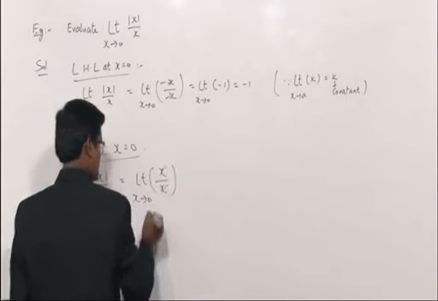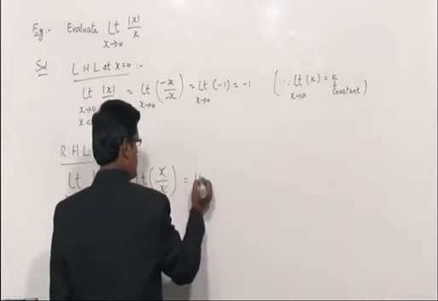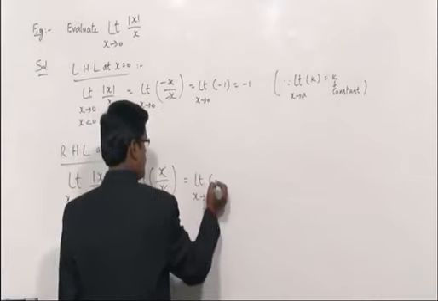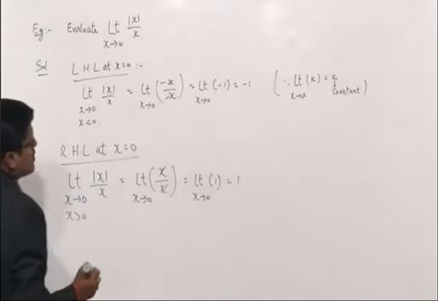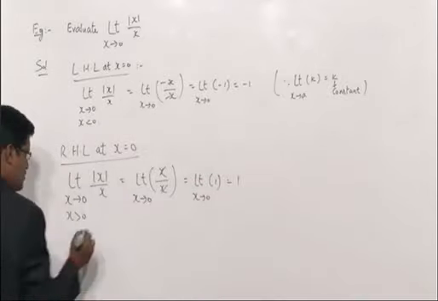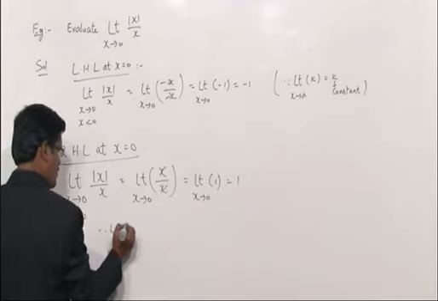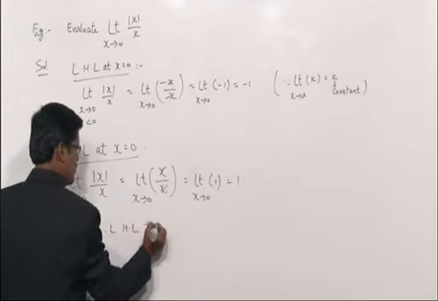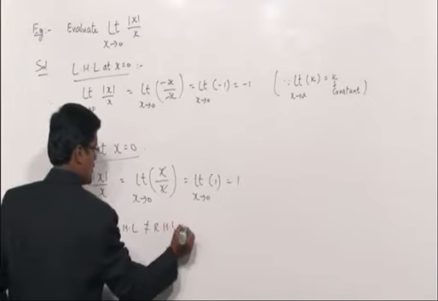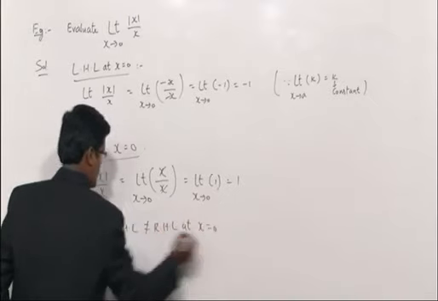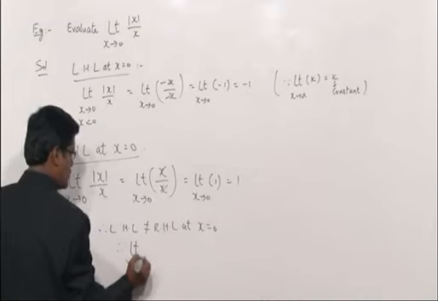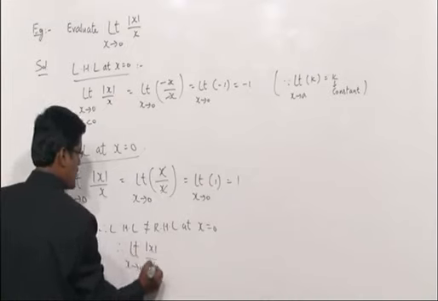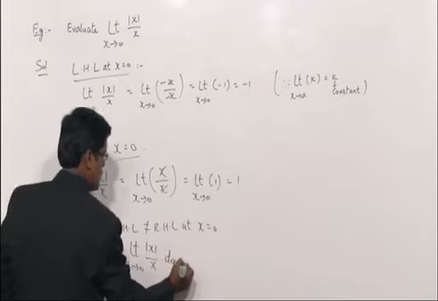That means both are cancelled, so you will be getting limit x tends to 0 of 1. The constant limit is itself. So we have different answers, that is, the left and right limits are unequal. Therefore the left hand limit is not equal to the right hand limit at x equal to 0. So what can you say from this? Therefore the limit as x tends to 0 of the given function does not exist.